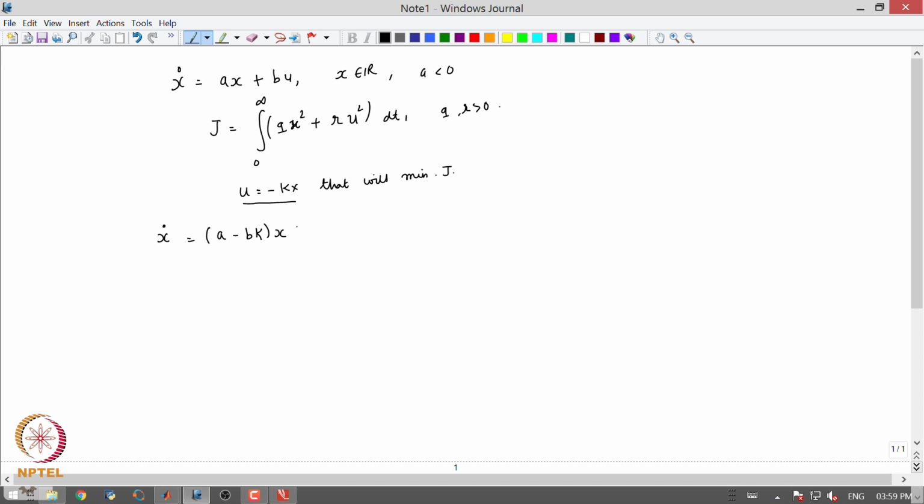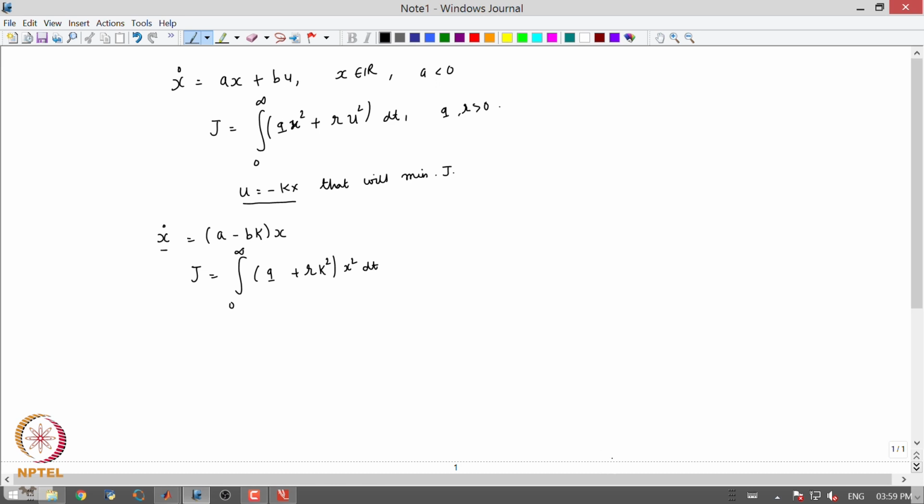Okay. And then if I substitute this u equal to minus kx into my cost function, this will be integral 0 to infinity of q plus r k square times x square dt.